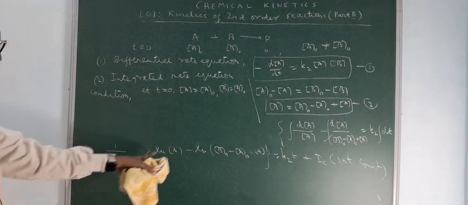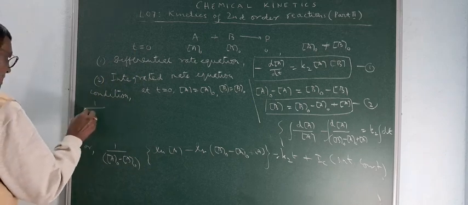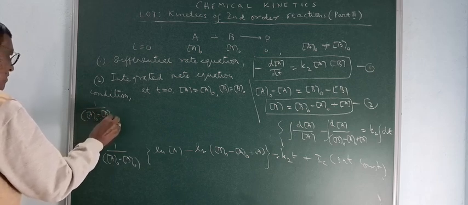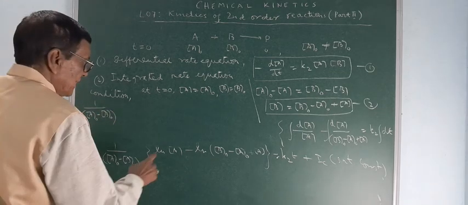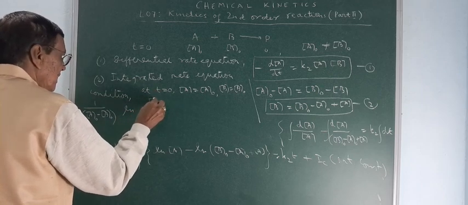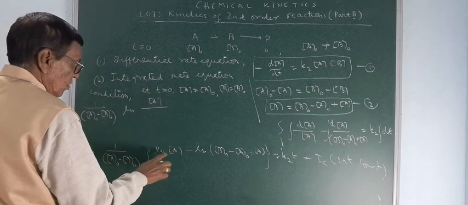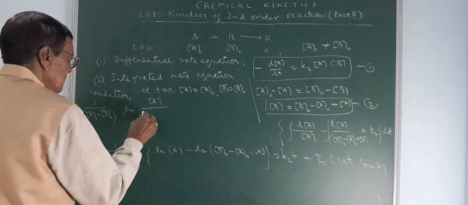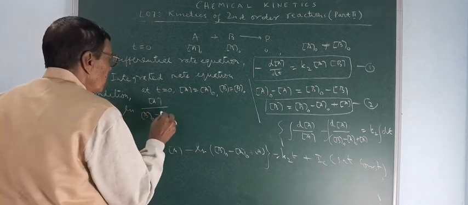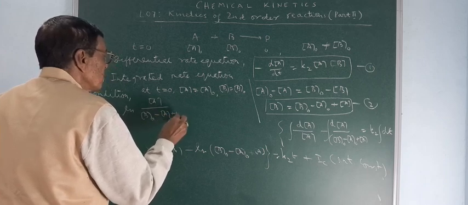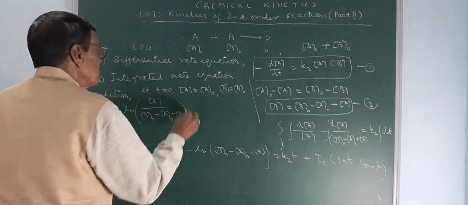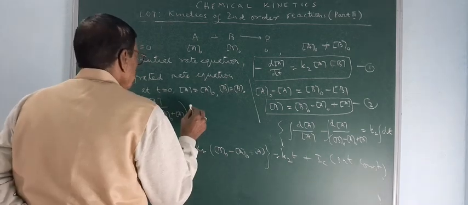So putting these values here, 1 by (concentration of A naught minus concentration of B naught), and here you can write ln concentration of A divided by concentration of B, that is log A minus log B. So here it is concentration of B naught minus concentration of A naught plus concentration of A, and it is within this bracket.